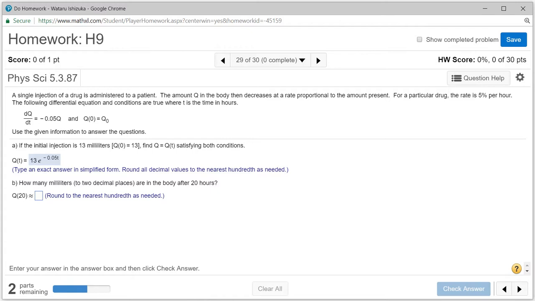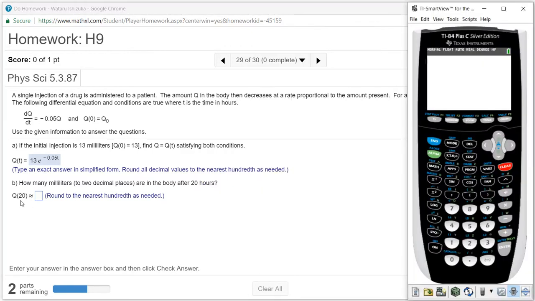I'm going to bring up a calculator here. So t is equal to 20, so we just plug in 20 for t. It's 13 times e to the negative 0.05 times 20, and hit enter.